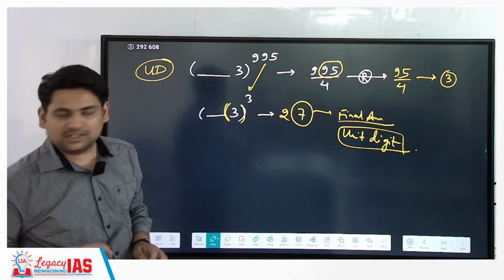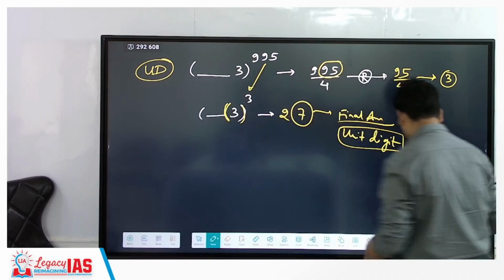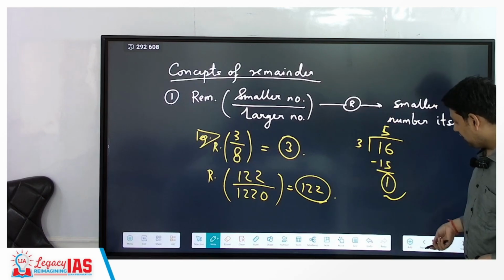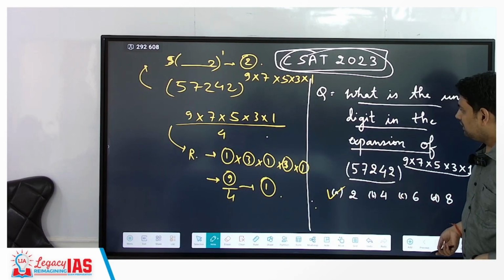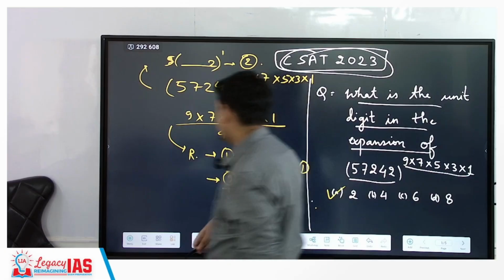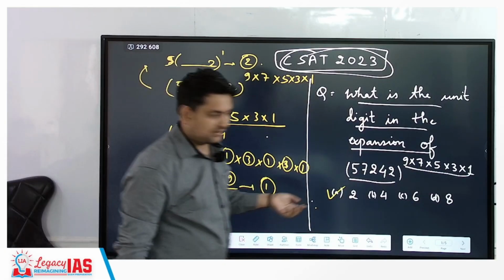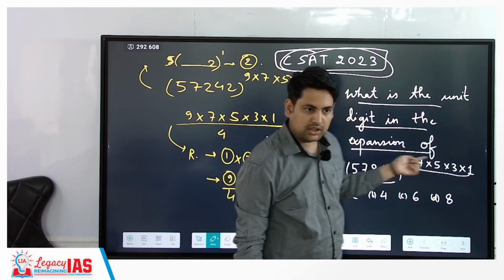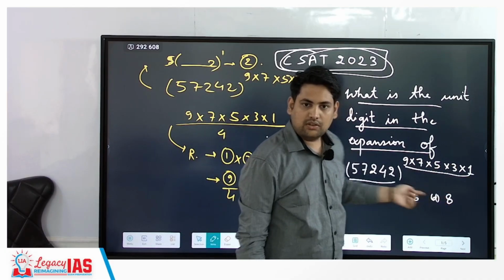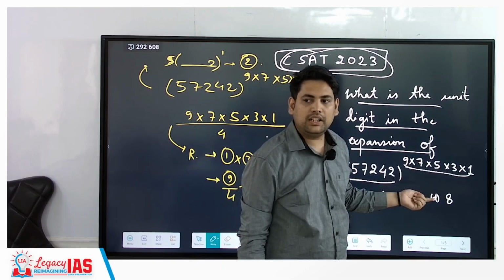Understood all three concepts? Now we can do that difficult 2023 question within a few seconds. See, this is what I was doing. I took this big number, which is in the power. To find the unit digit, I must first divide it by 4.